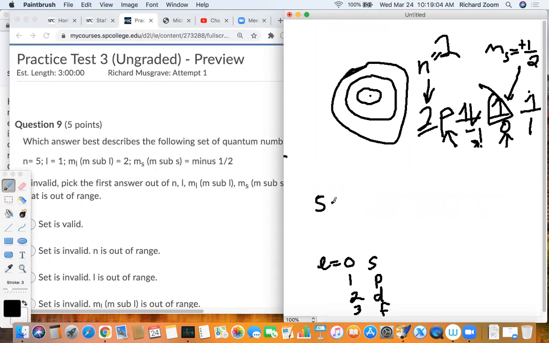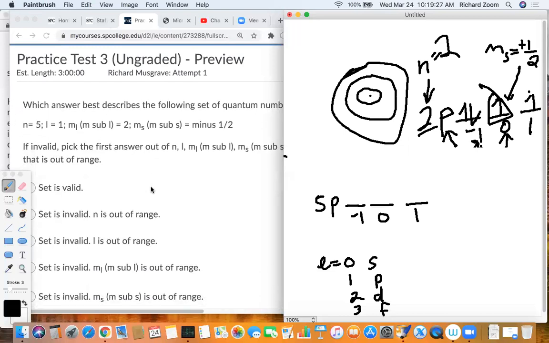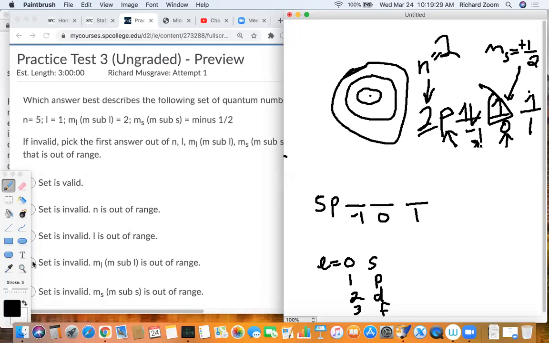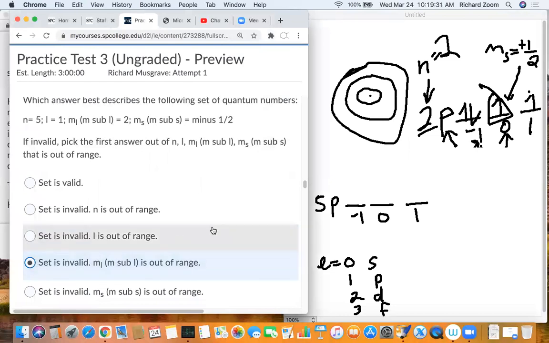L equals 1, that's P, according to the codes down here. Now P is L equals 1, so we can have -1, 0, and 1 for the orbitals, so that's the 3 orbitals. M sub L is equal to 2, and that's going to be out of range. So that's how I know that this one is going to be invalid, because M sub L is out of range. Okay.